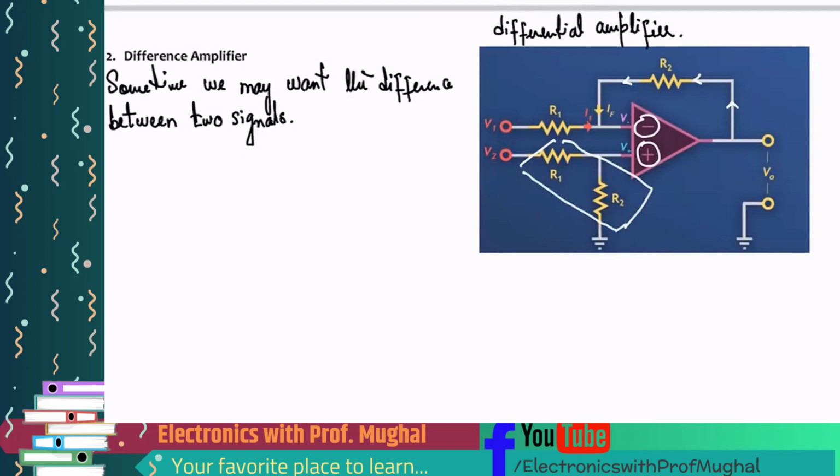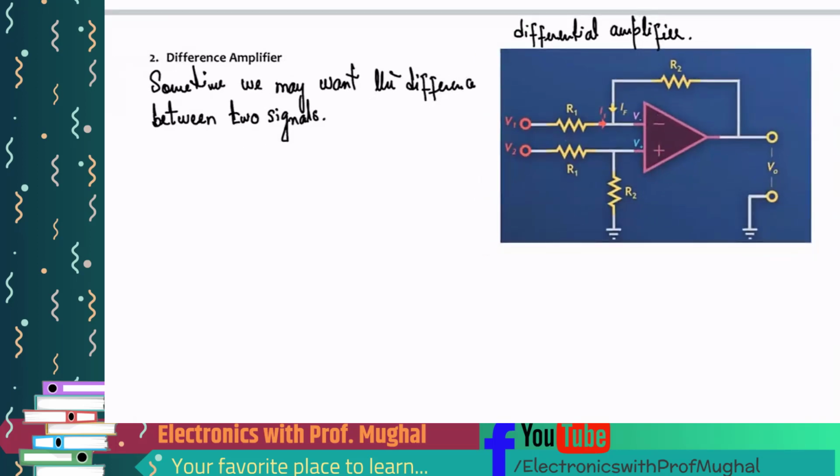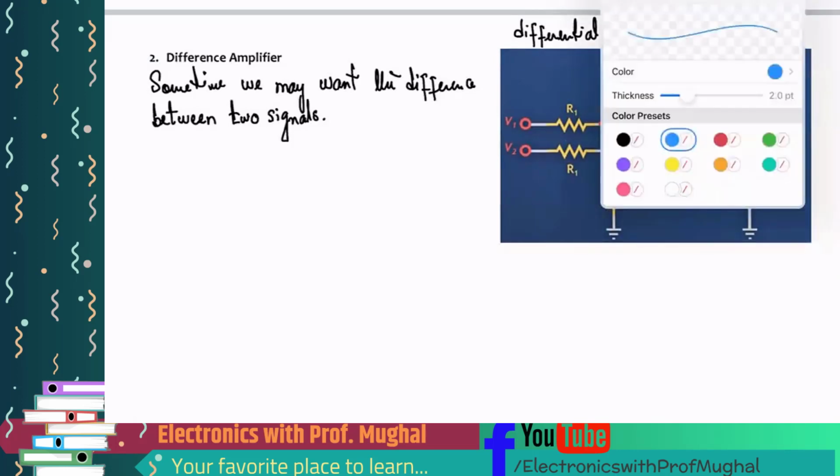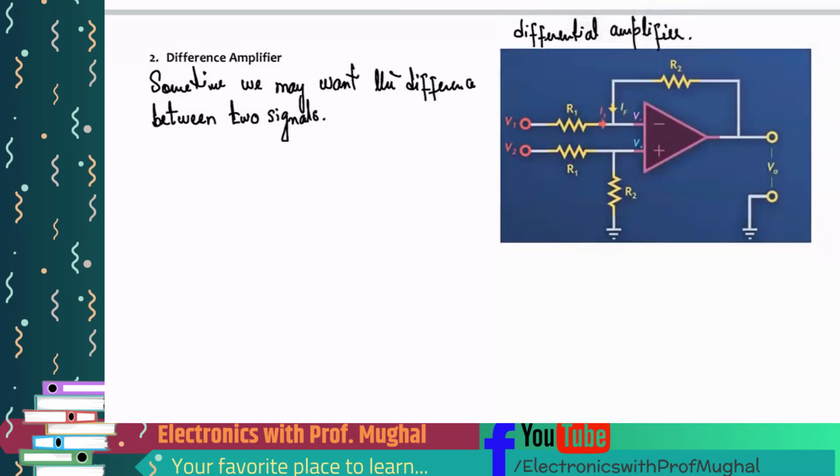Okay. So again, we're gonna go by our basics and try to find out some of the parameters here. We know that VP is equal to VN, correct?